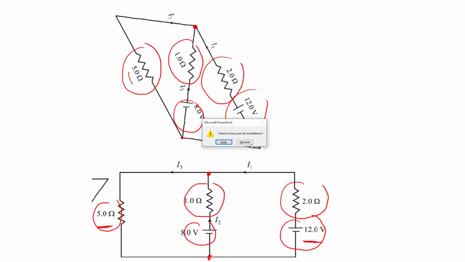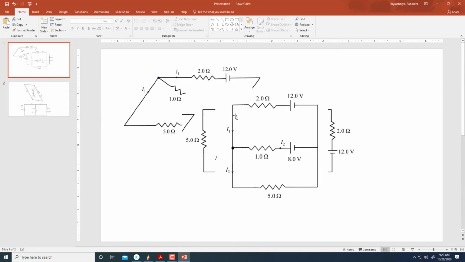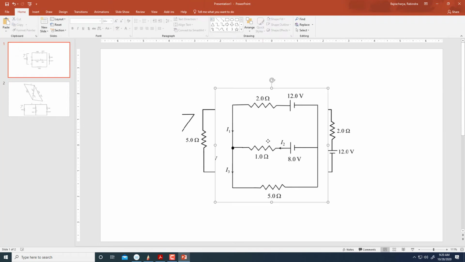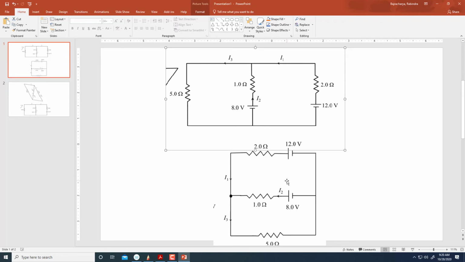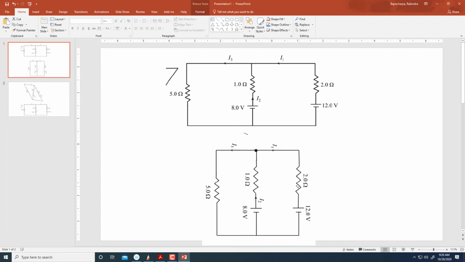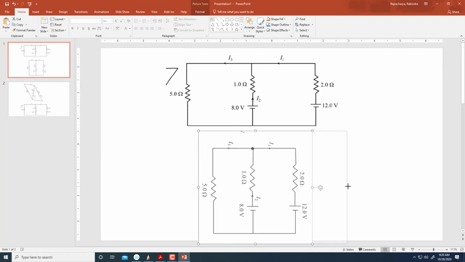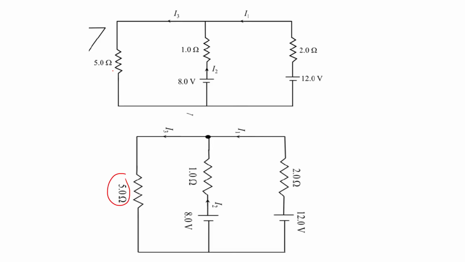So let's look at the third one. These two are also the same. If I rotate this, you see I have 5 ohm here, 5 ohm here, I3 here, I3 here, I1.